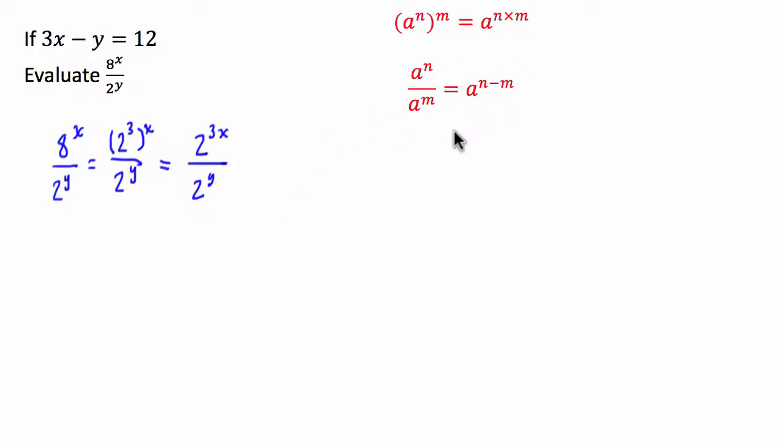Now I can use the second index law here, guys, to get rid of the fraction. I know that a to the power of n over a to the power of m is equal to a to the power of n take m. I've got like bases here, so I can subtract my powers. That means I can transform this into 2 to the power of 3x subtract y.